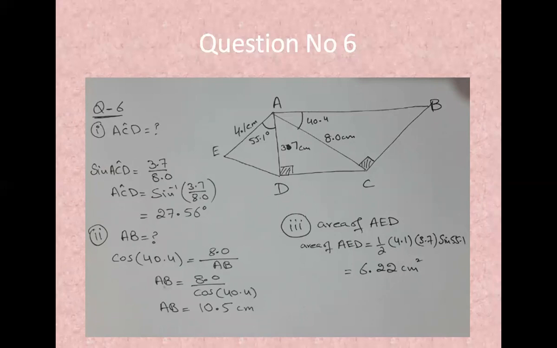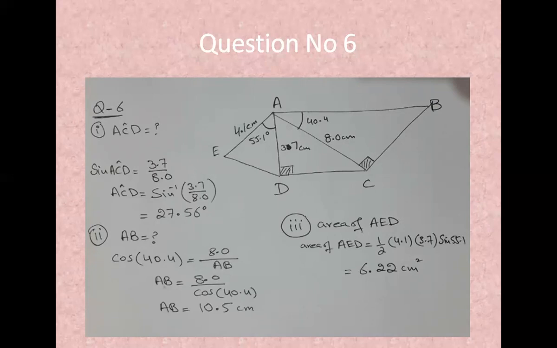Then we have question number 6 on your screen, and let me read it from the book. It says, in the figure, the angle ADC is equal to the angle ACB, and that is equal to 90 degree. Angle EAD is 55.1 degree.